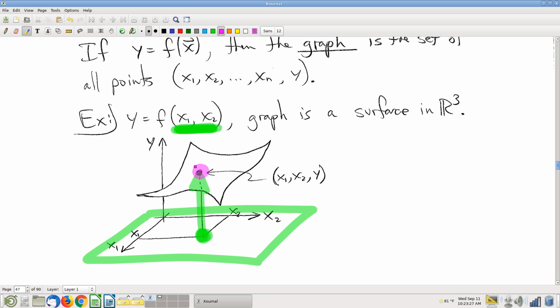So the graph itself lives inside of a three-dimensional world, but it has the same dimension as the domain. This graph, for example, is a surface. It's a two-dimensional thing that lives inside of a three-dimensional world. But the surface itself is two-dimensional, because every point on that graph surface comes from a point in the domain, and the domain is two-dimensional.